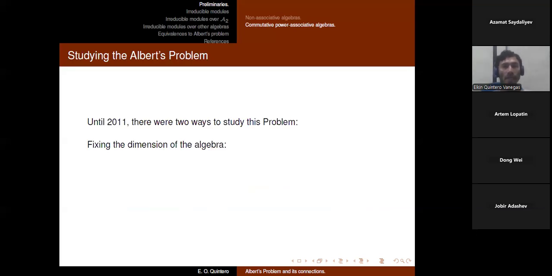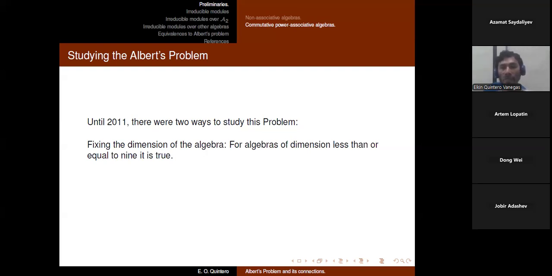So Albert's problem was studied in two ways until 2011. The first way was fixing the dimension of the algebra. In this case, for algebras of dimension less than or equal to 9, Albert's problem is true, and we need the characteristic of the field to be 0.